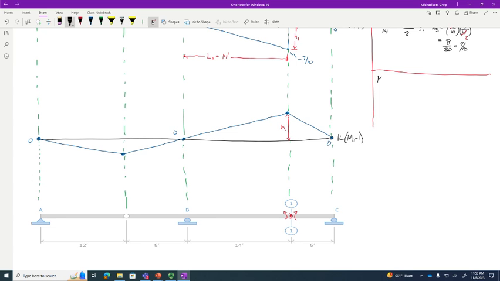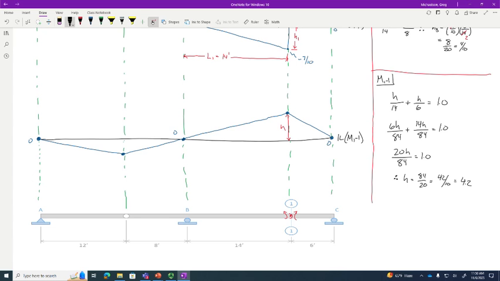So we say that H over 14 plus H over 6 is 1. So 14 times 6 is what, 84? So H is 4.2.